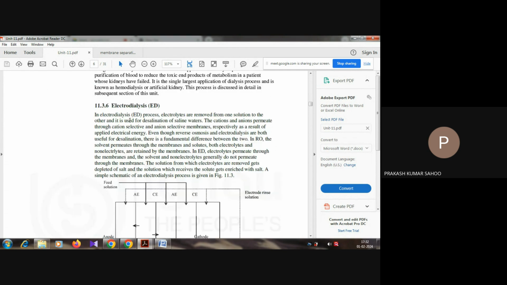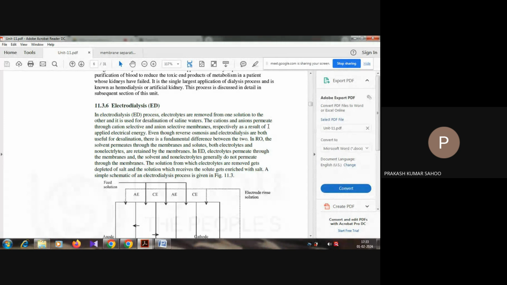So in electrodialysis, what happens? In electrodialysis, we use the electrical field, that is, by applying electrical energy we separate the components. In the electrodialysis process, electrolytes are removed from one solution to another, and it is used for desalination of saline water. So the desalination will occur by the use of ED.